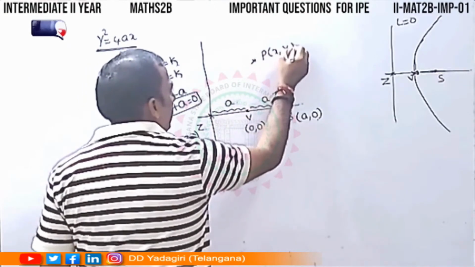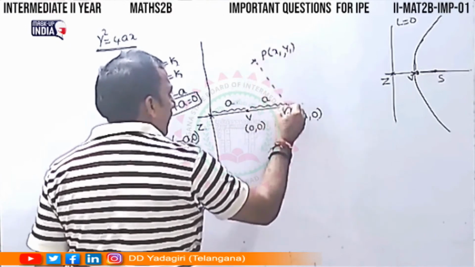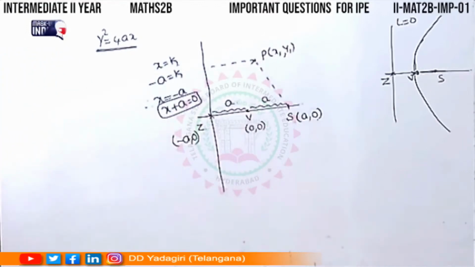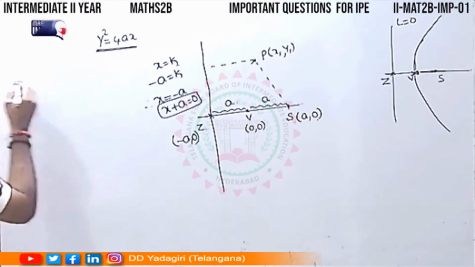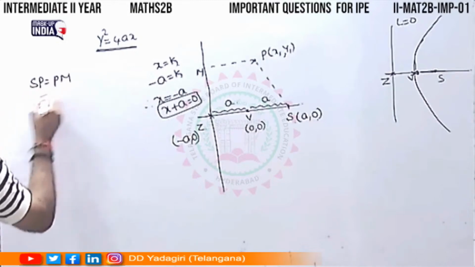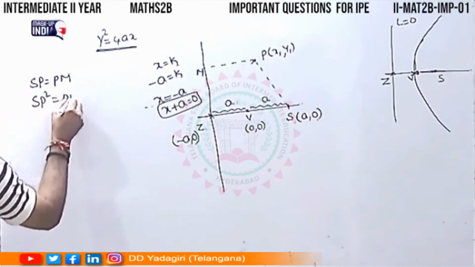The locus of the point P(x1, y1) which moves such that SP is equal to PM is a parabola. We know that any point on the parabola is equidistant from the focus and directrix. Let P(x1, y1) be any point on the parabola. Therefore, SP is equal to PM, so SP square is equal to PM square.